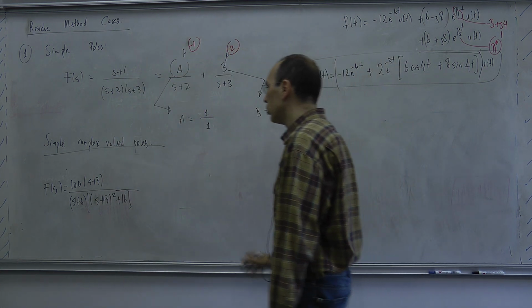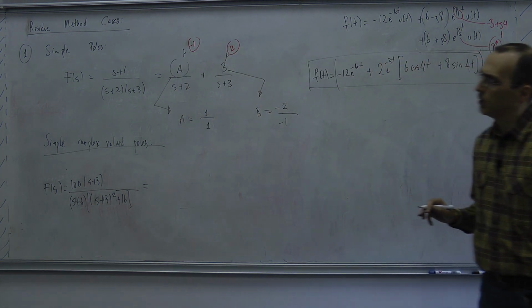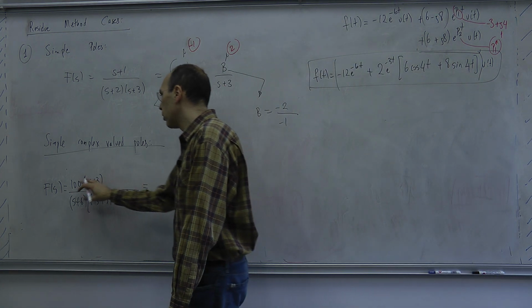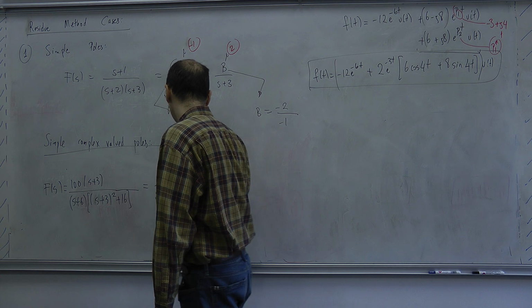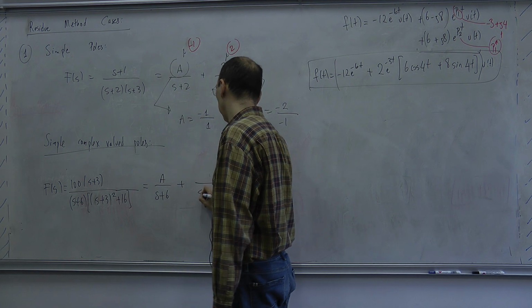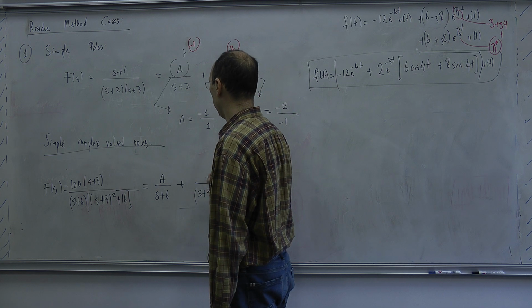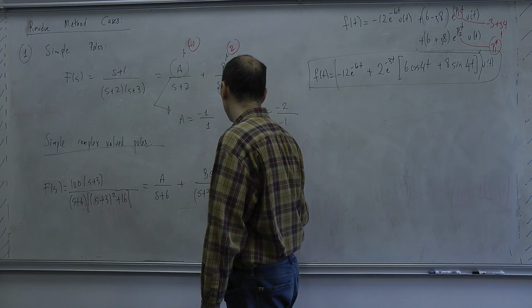Okay. So you can also, because complex numbers are, I mean, it's convenient, it's not very difficult, but maybe for such simple cases, you can also do the following. Okay. So you can write here bs plus c.